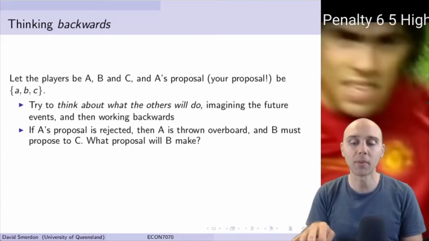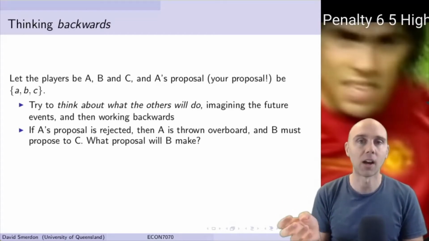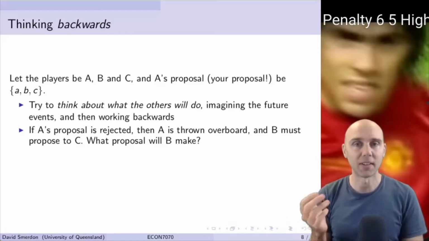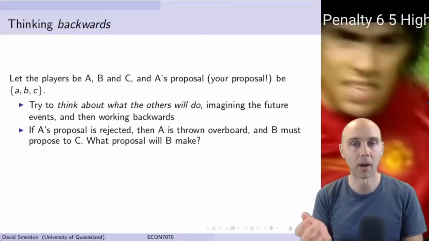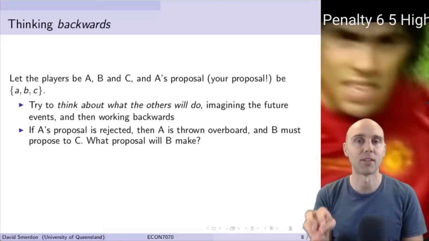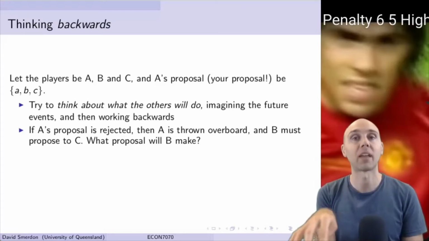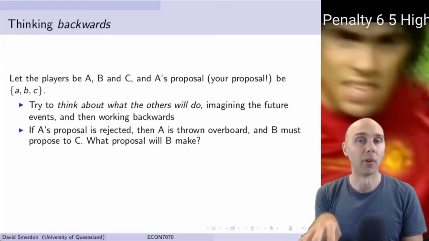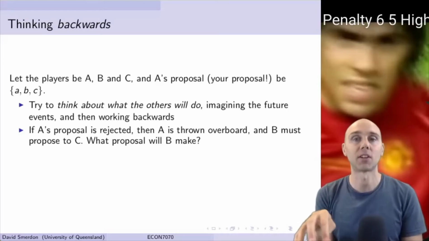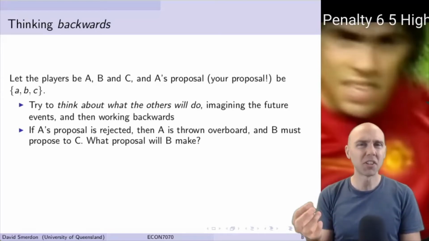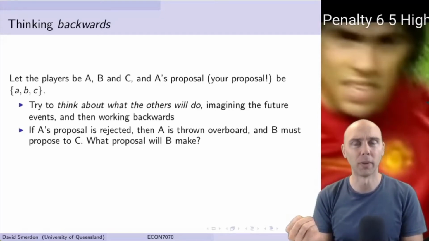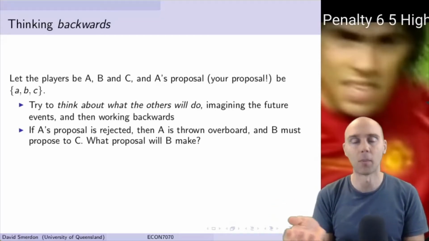So what would happen in the event of your untimely seafaring death at the hands of these ruthless pirates? Well, there's B, who will make the next proposal, and C. They will vote on the proposal, and if it's a tie, then B has the deciding vote. So essentially, it's not really a vote at all because it's like B owns 51% of the company.